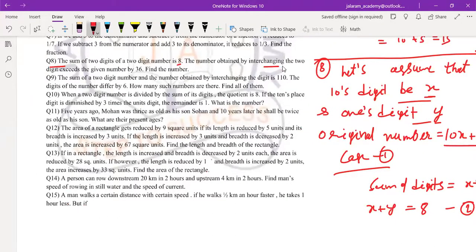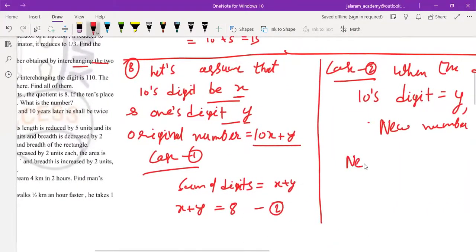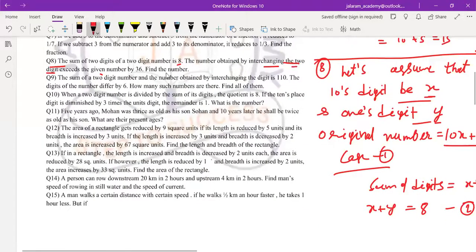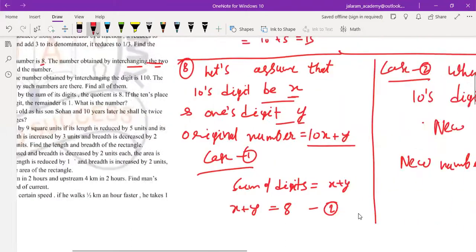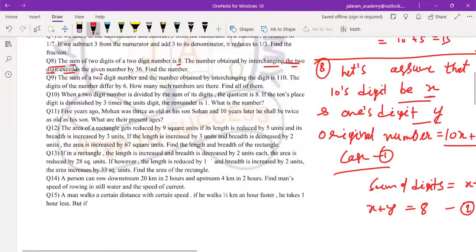Now the number obtained by interchanging the two digits exceeds the given number. So in case 2, the number obtained by interchanging the two digits, which we have named as the new number, exceeds. I have told you that whenever there is a verb we use the equals to sign, and with exceeds there is a plus in our mind.